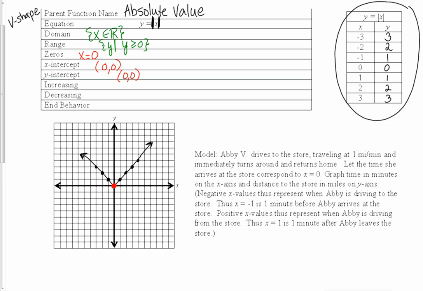This one for increasing, decreasing has two things going on. So as I go from left to right, when I start out, what's happening? If I'm going from left to right, I start out and I'm decreasing. So there we are with the decreasing on the left side of the graph. Then I make a sharp turn and I switch, and the right half of my graph was going up.